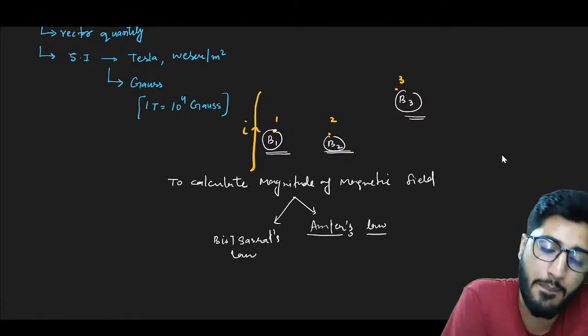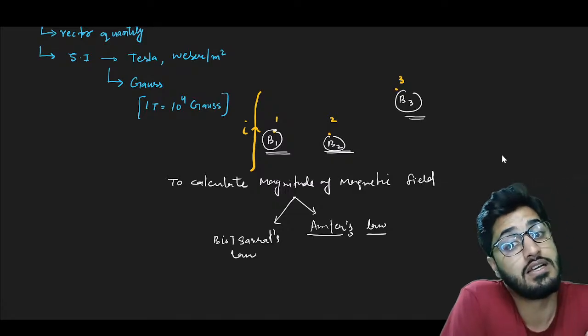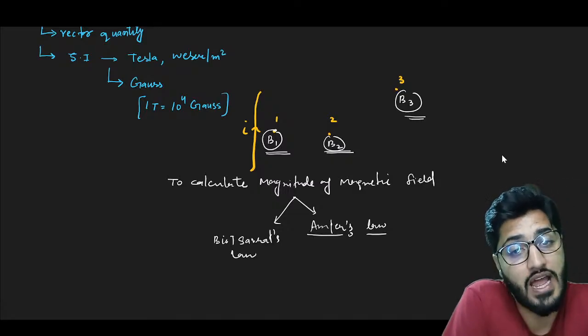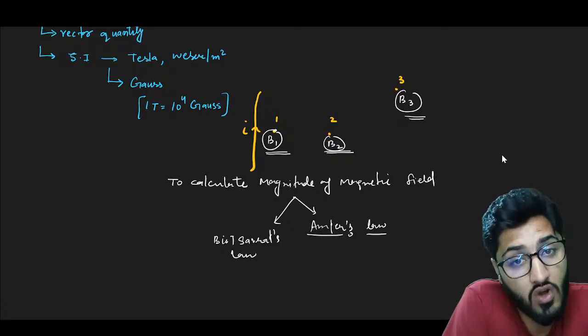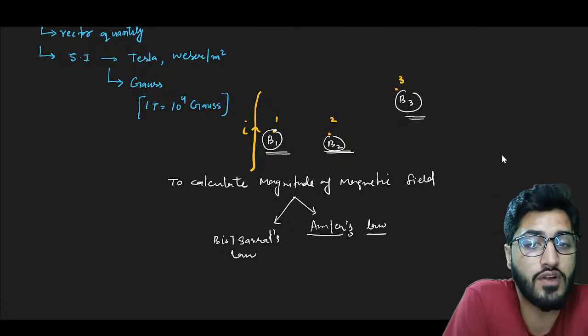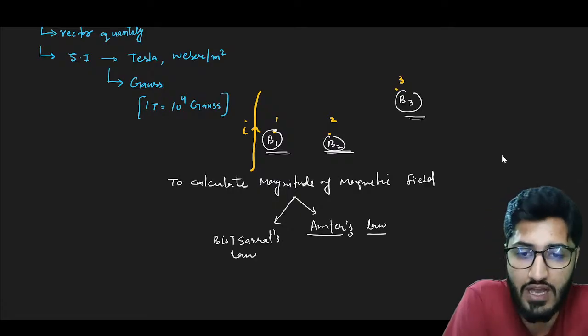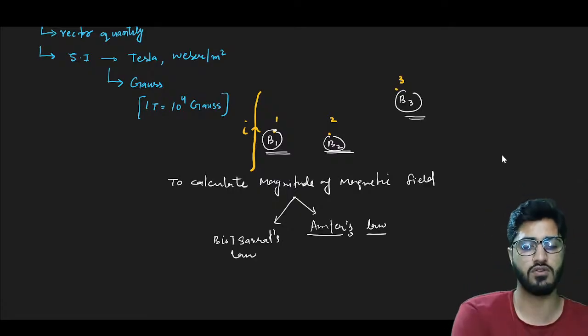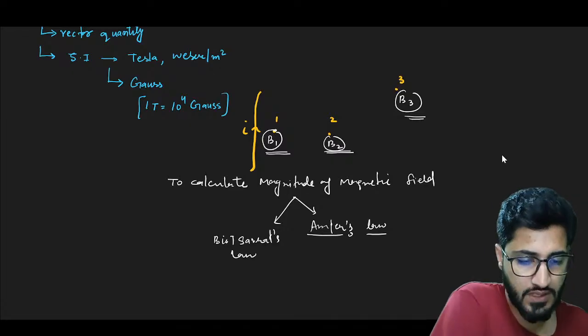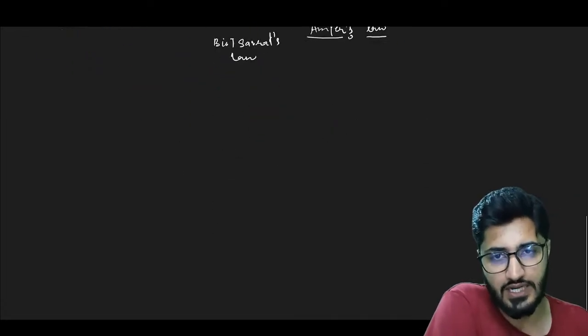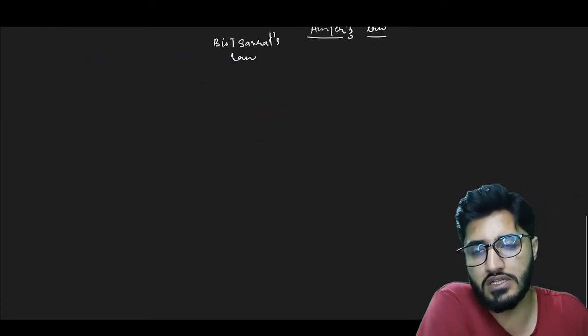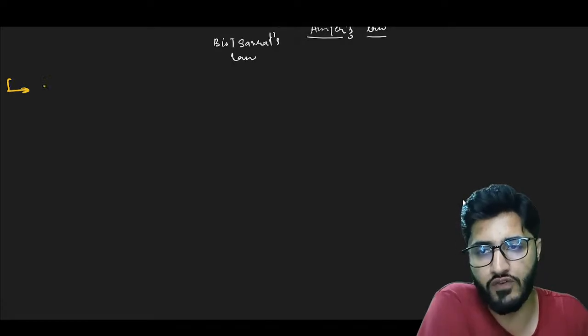In electrostatics, we had Coulomb's law and Gauss's law to give us the magnitude of electric field. In the same way here we have Biot-Savart law and Ampere's law. Done? Okay, now let's start the first part of our chapter, a very important one, known as Biot-Savart law.